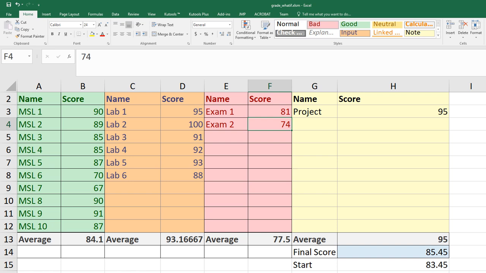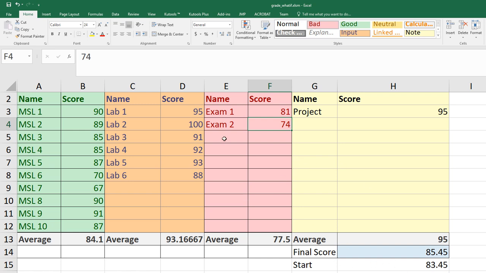This drives home the point that exams, because they're worth so much, really make 10 times the difference: 10 extra points on an exam make 10 times the difference that 10 extra points on an assignment does. So I try to tell people not to worry about a couple of points on the assignments, because it really doesn't make much difference, but definitely make sure that you prepare really well for those exams.